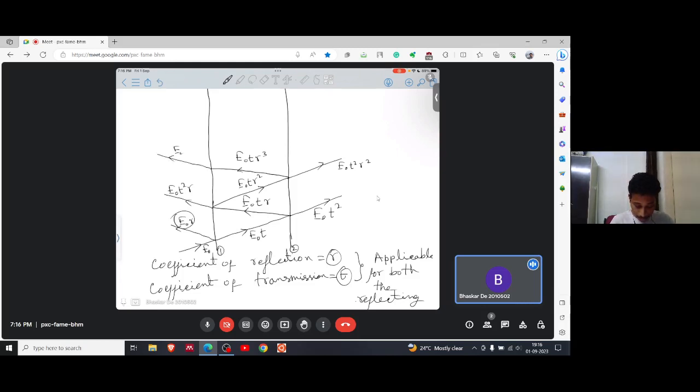Then it will have E naught T square R to the power 3.